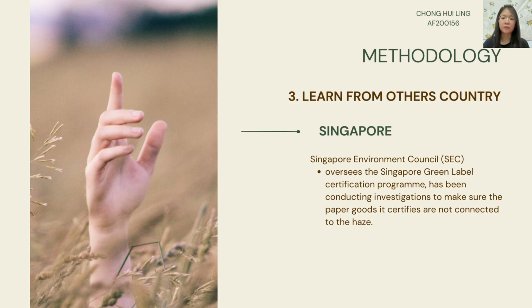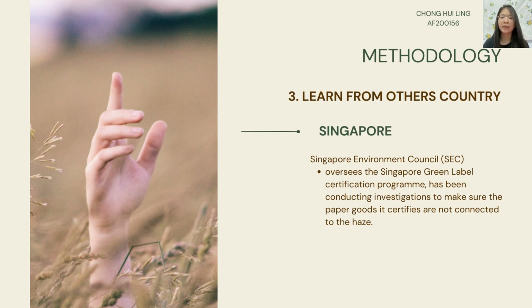One of the solutions from Singapore is being environmentally conscious. The non-profit organization Singapore Environmental Council (SEC), while overseeing the Singapore Green Label certification program, has been conducting investigations to make sure that the paper goods it certified are not connected to the haze.